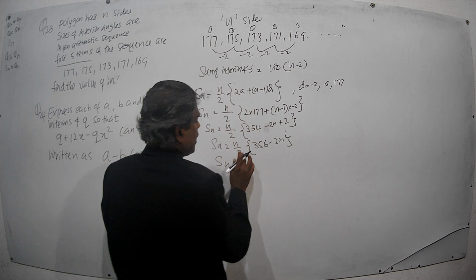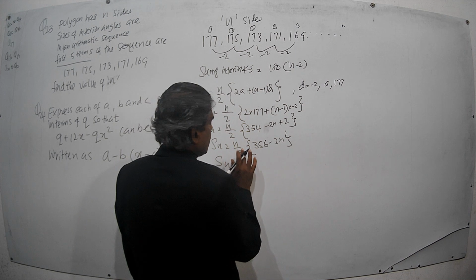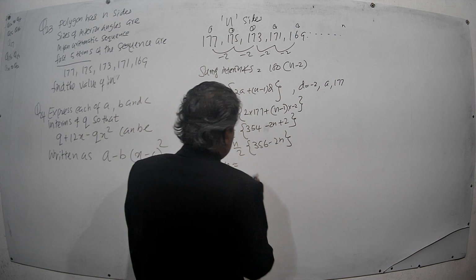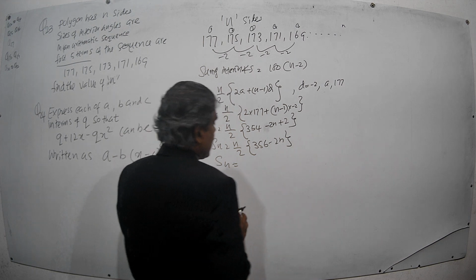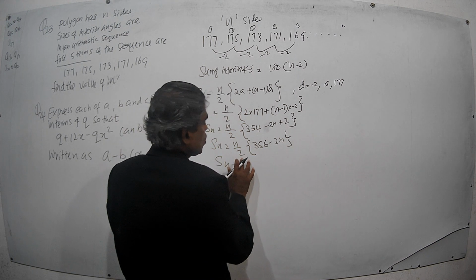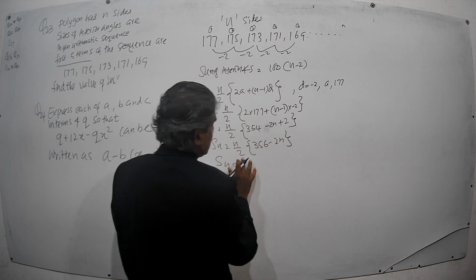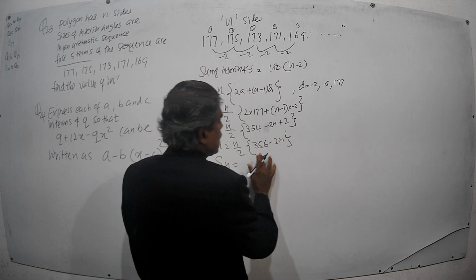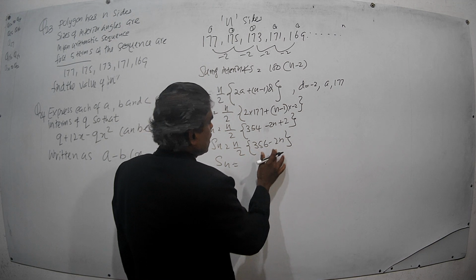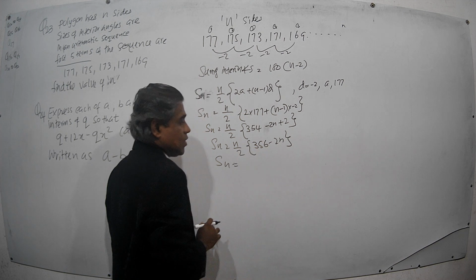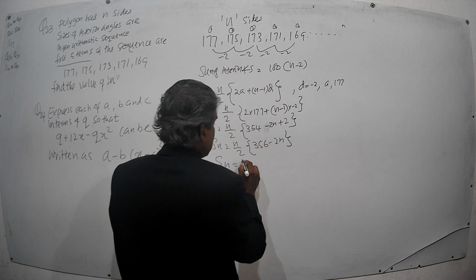Then this n, you can divide by these two. Otherwise, you can take the common factor 2 for this out, and with this you can cancel. You can do whatever. Right? We will do that way.